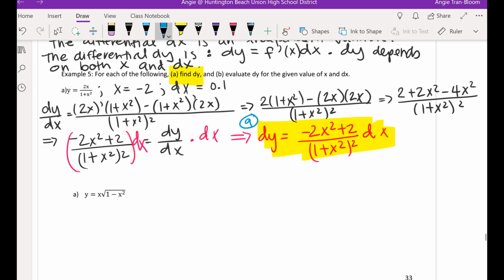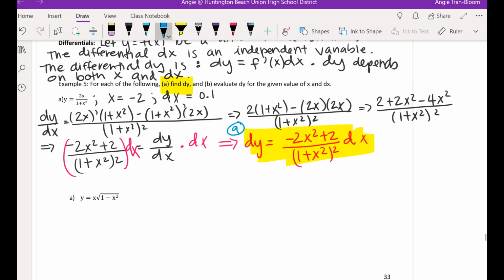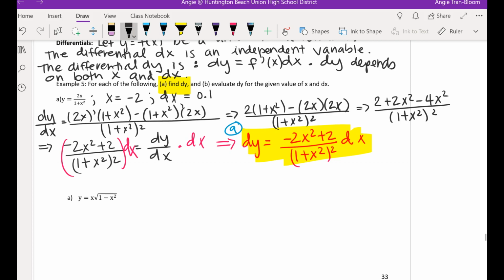Now part B, we just have to plug in what x is and what dx is. So give me the change in y. dx is a small change in x and dy is a small change in y. So let's plug in -2 for x and 0.1 for dx.